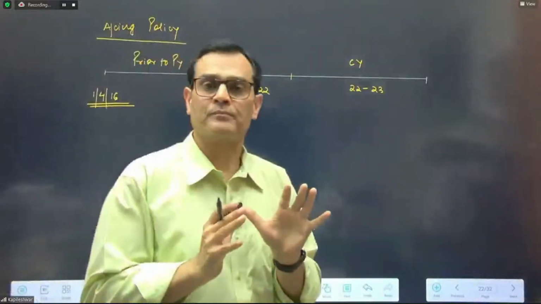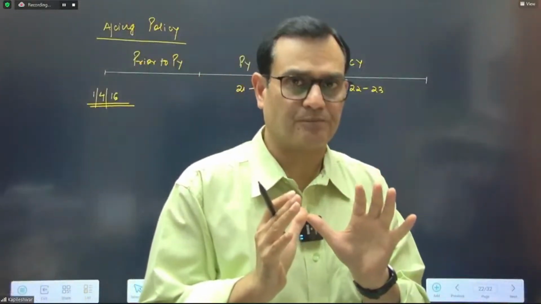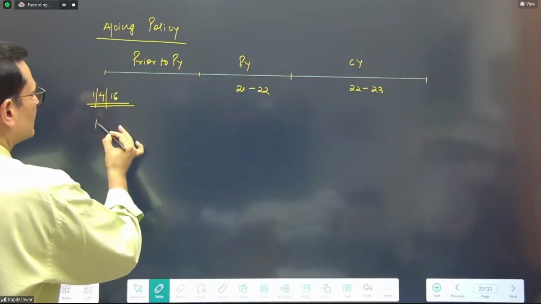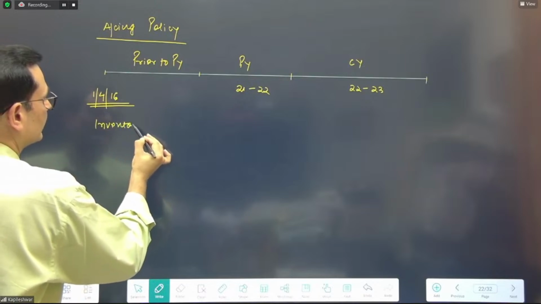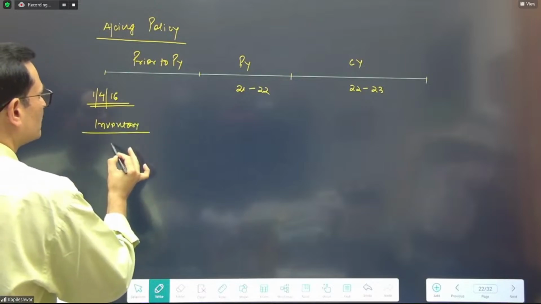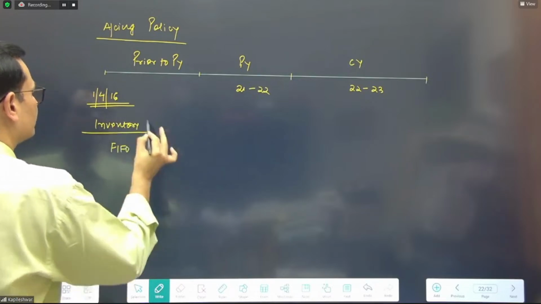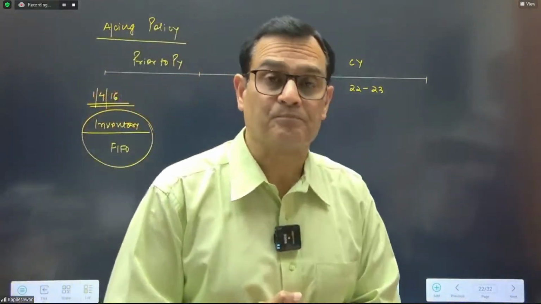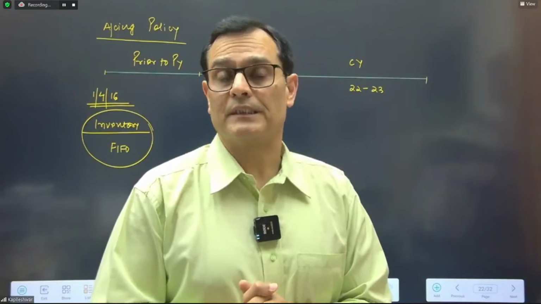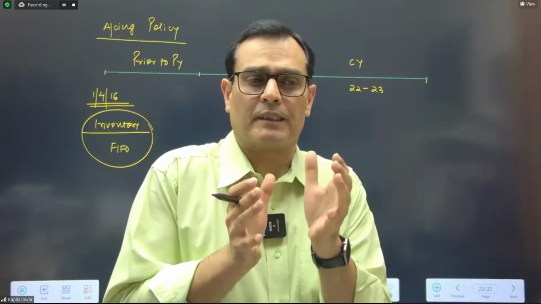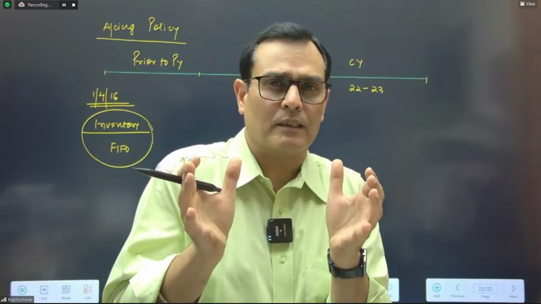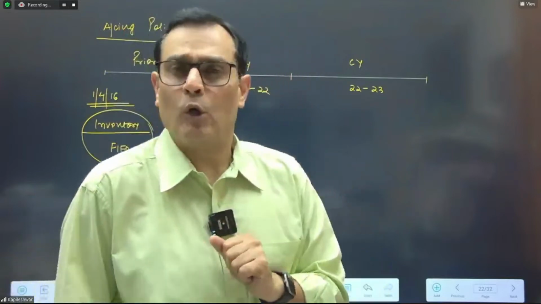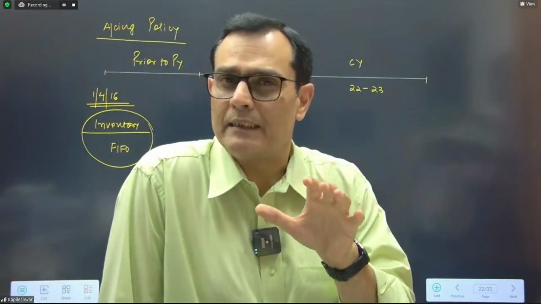Now, I'll go a little slow, but hear me very carefully on this. Let us say the company decided on 1st April 16 that inventory is going to be measured on the basis of first in, first out. This is the first time the company applied a policy. When you're considering the inventory is taken at cost or NRV, that is an accounting principle. Whether the cost will be taken on a FIFO or a weighted average is also an extended part of the policy.